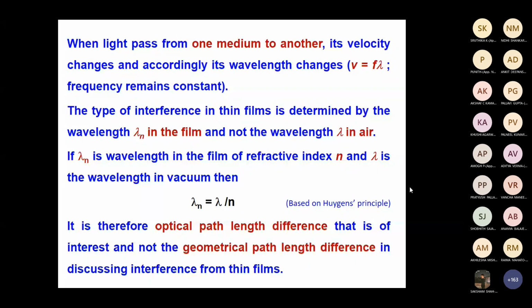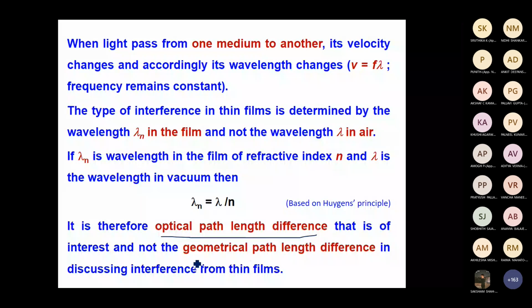What I'm asking is, for us the optical path difference is more important than the geometrical path. What is the difference between the optical path and the geometrical path? That is what I'm asking.